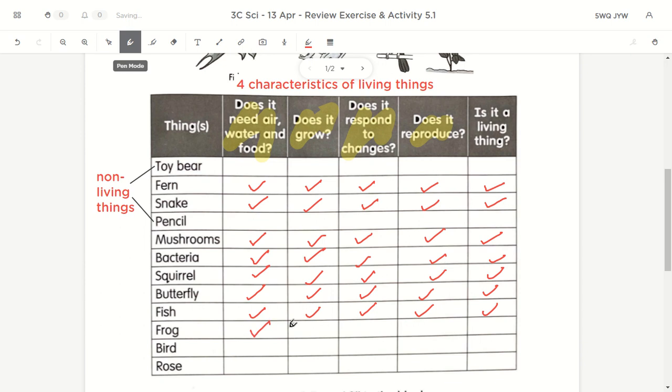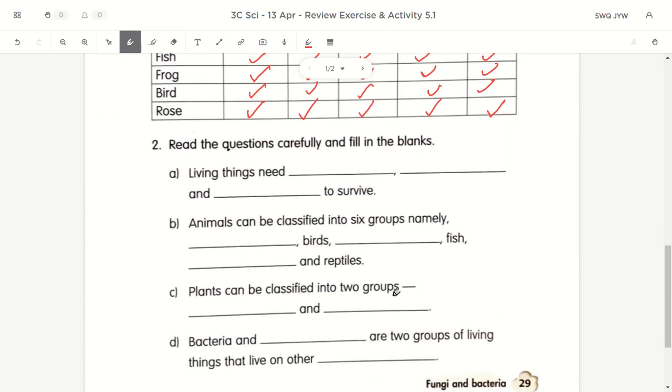Frogs as well. You realize all the living things have all four characteristics of living things. Not even one cross, because living things must have all these four characteristics. Only toy bear and pencil are non-living things. The rest should take everything. This is quite simple. Now let's go to the next one.